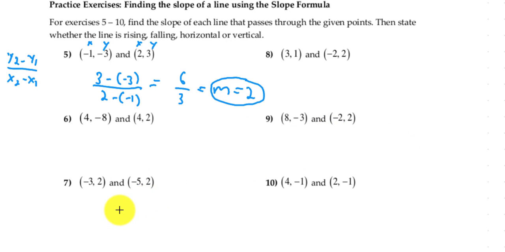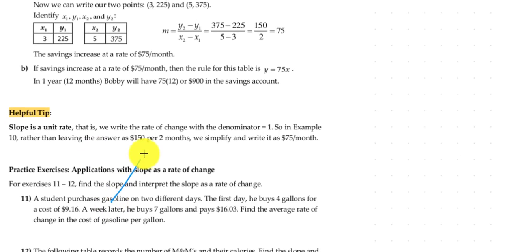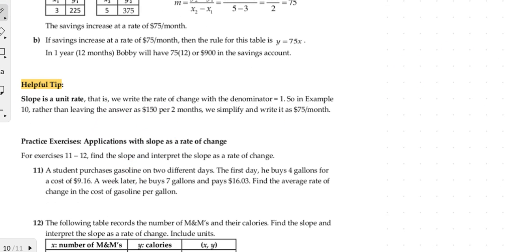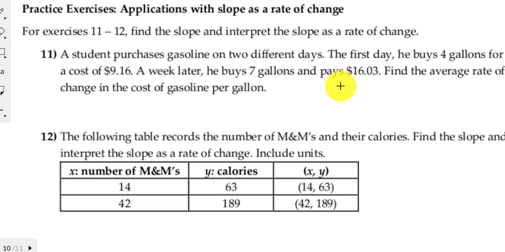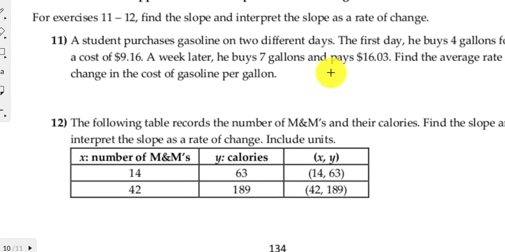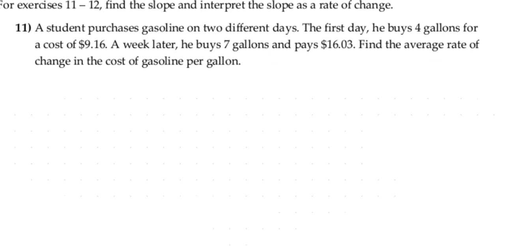Okay, I'm going to jump to page 134 just to do some applications. Down here, there's a practice problem, number 11. There were some examples that you should definitely take a look at. They come with the answers. But let's take a look at practice problem 11. A student purchases gasoline on 2 different days.